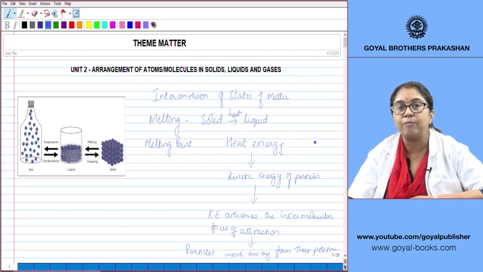So at the melting point, the intermolecular forces of attraction are overcome and the molecules move away from their position. When the molecules move away from their position, the intermolecular space increases and the solid transforms itself into a liquid. This process is known as melting.